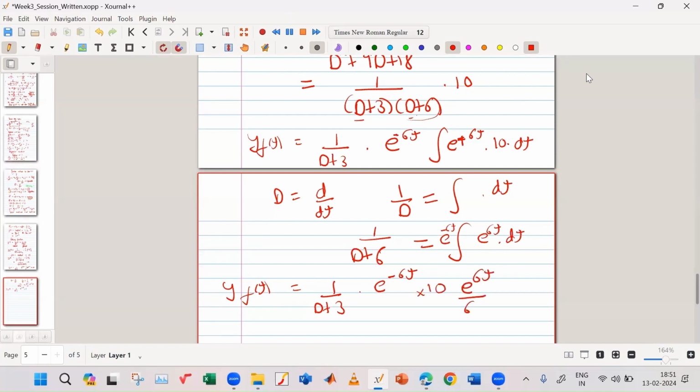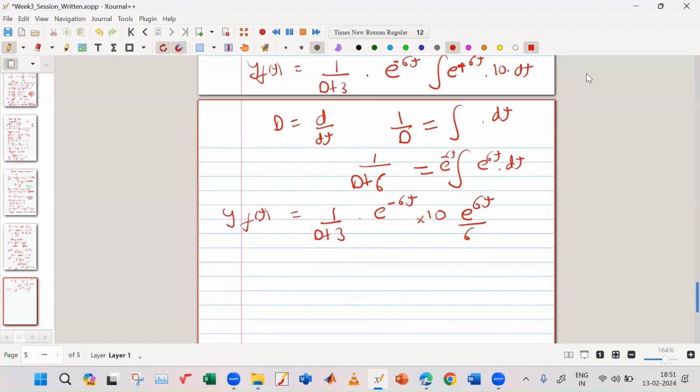So I've got this value. Finally, I will write it as 1 by D plus 3 into 10 by 6, and here, what is e raised to minus 6t into e raised to 6t? It is 1.